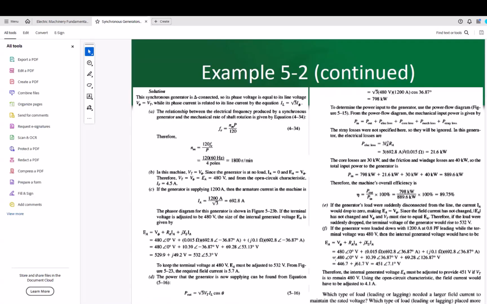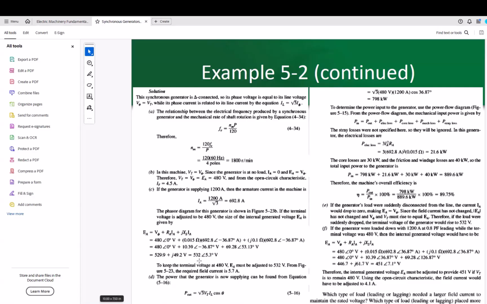Now, under these circumstances, you can find EA, the internal voltage, using 480, assuming that the phase voltage of one of the phases, usually phase A, is the reference for angle. The current angle is associated with a 0.8 lagging power factor. Through this equation, you can find the internal voltage to be 532 at an angle of 5.3 degrees.